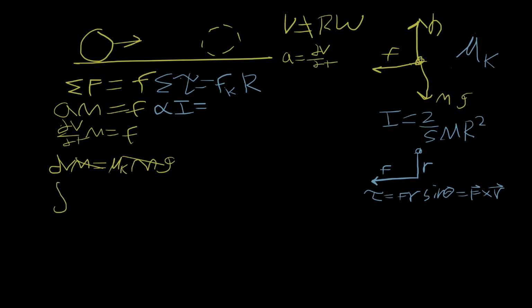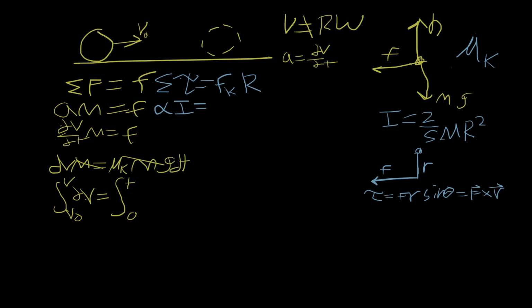And now we have to take the integral to find our velocity with respect to time. Remember, it starts at initial velocity, so we're going to go from v naught to v for our velocities, and then for our time it goes from time 0 to t in our problem.